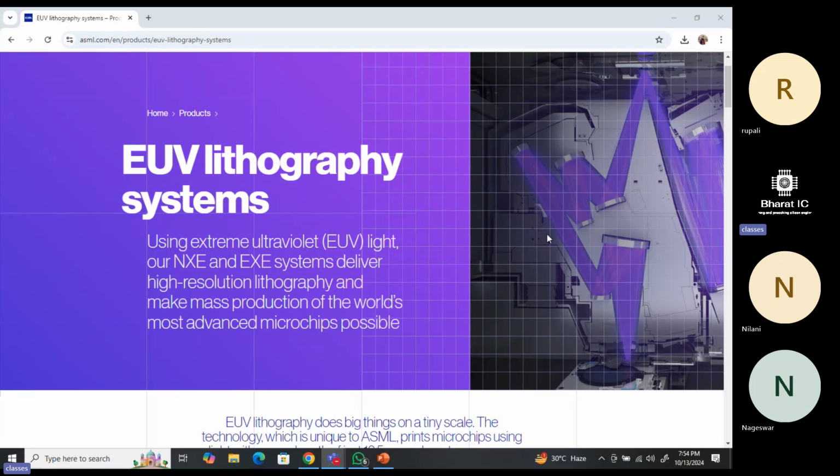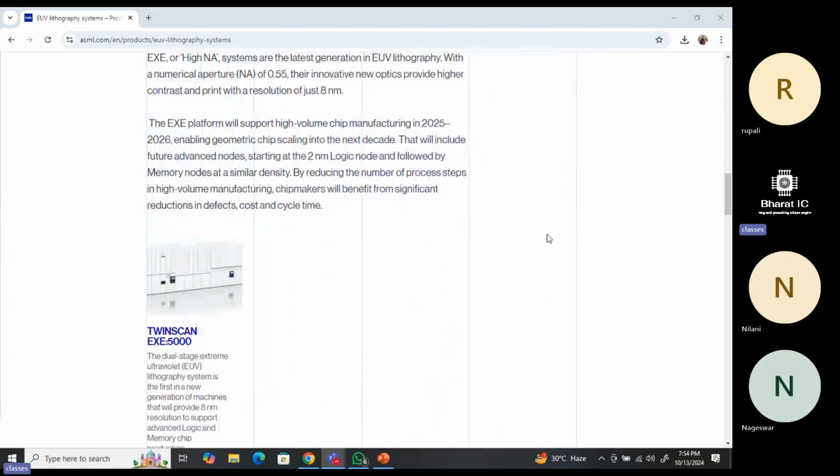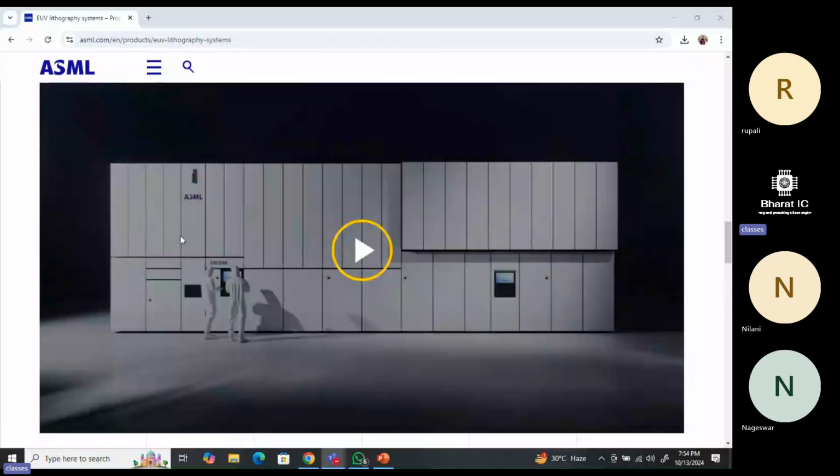If you see these machines, let me show you. Okay, one second. See, this is a huge lithography machine, how it looks in an industry, in a company. You will see, I think, like 10 to 12 machines inside TSMC Taiwan. If you get a chance to go inside TSMC Taiwan, you will be able to see the ASML machines there.